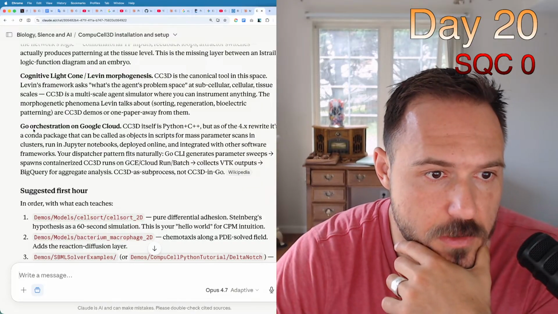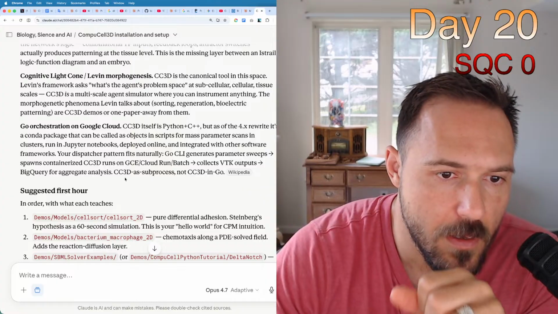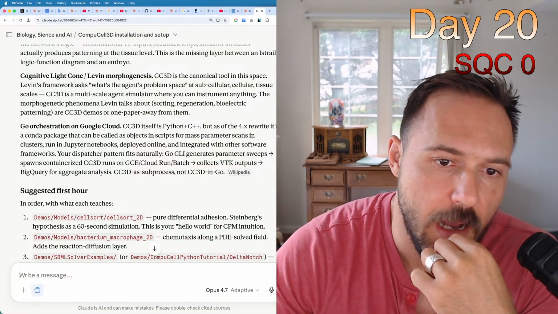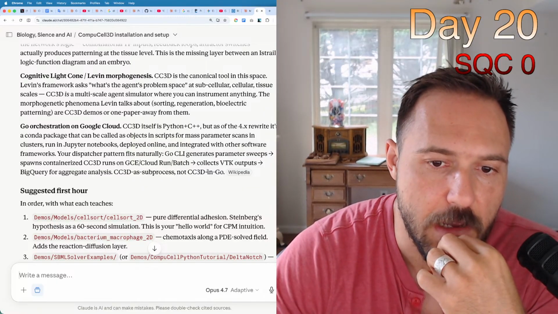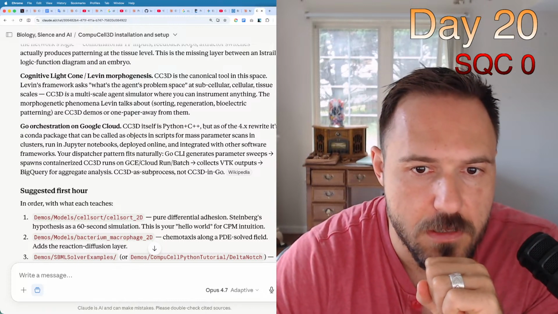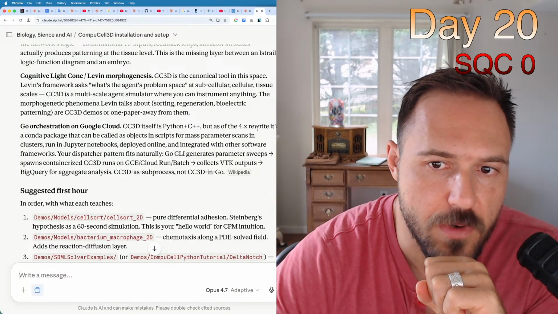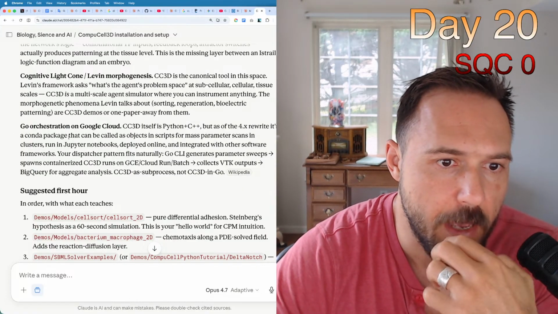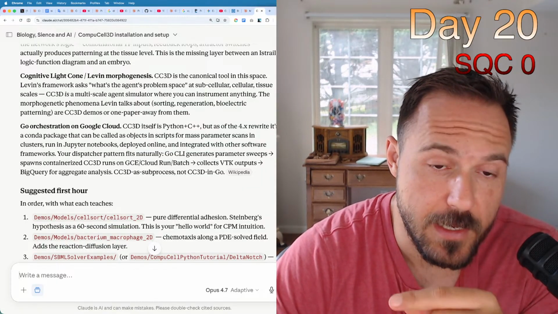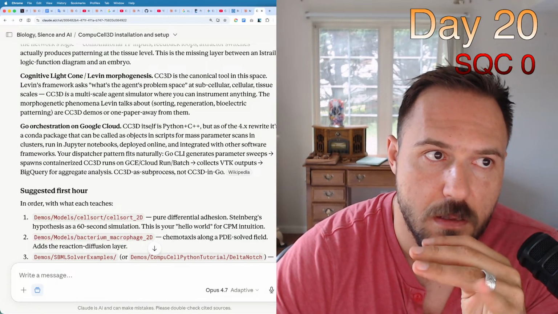In other things, then you're saying like Go architecture on Google Cloud. Maybe I was thinking about something slightly different. Obviously, run in the cloud, run batches, containers, all that. But I don't understand the sentence: as of the 4.x rewrite, it's a conda package that can be called as objects. So what you're saying is CC3D is currently going under refactoring.